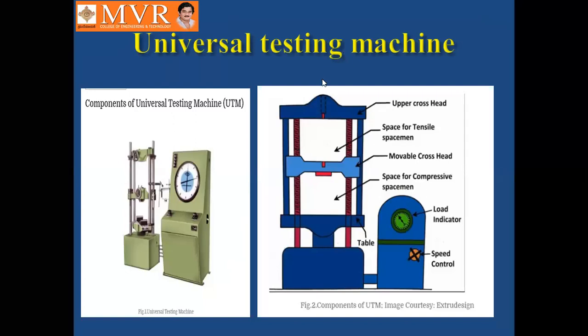So this is the equipment. It will look like this. This is the digital, sorry, analog meter, the load indicator, which shows how much load we apply, displayed on this dial gauge. This is the upper crosshead, and this is the space for the tensile specimen.